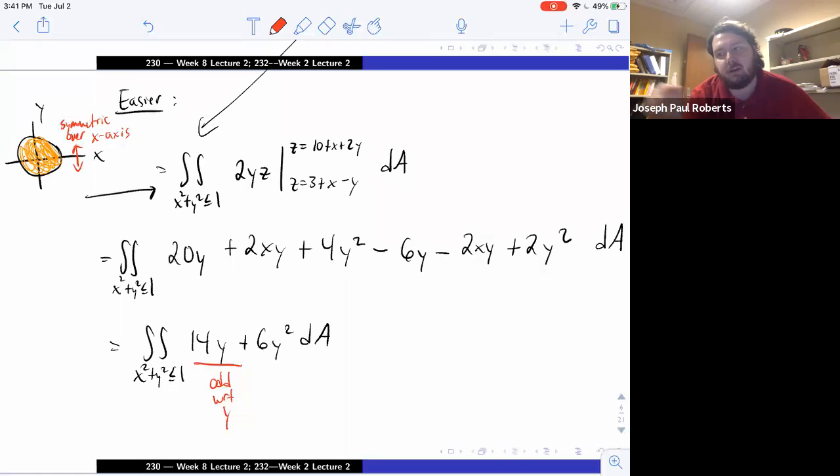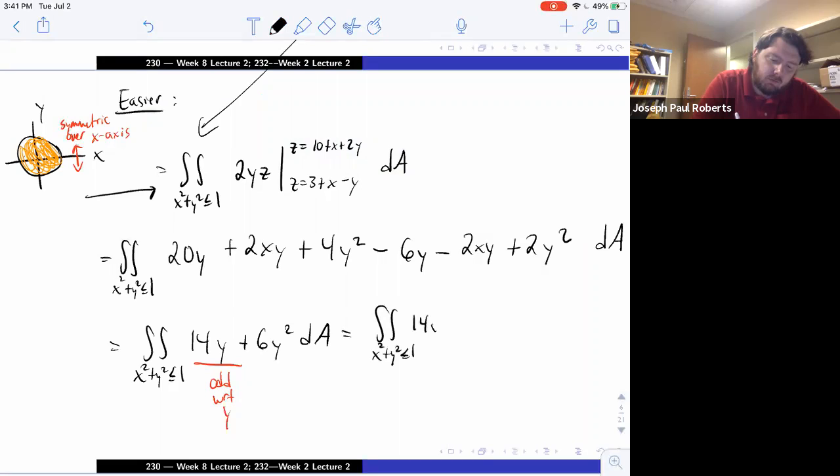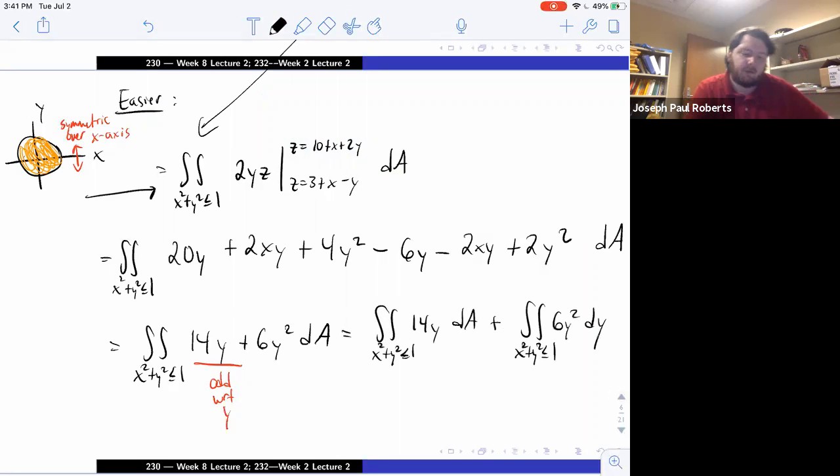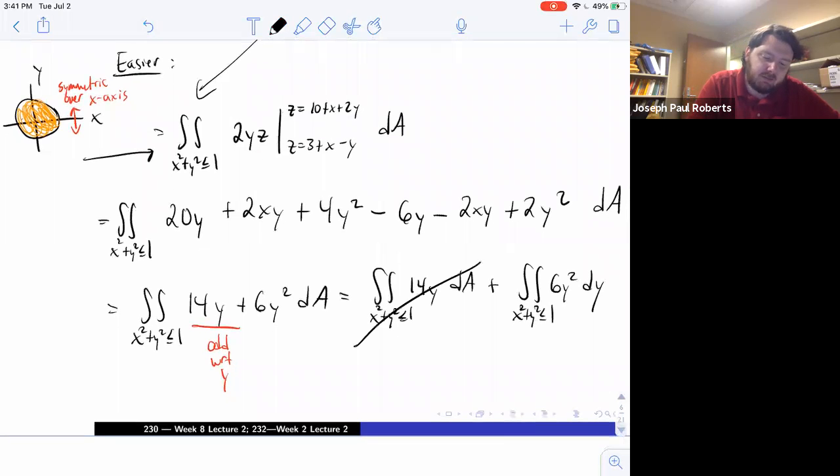So the entire integrand isn't odd with respect to y, but 14y is. So technically what I'm going to do is recall that I could split up the double integral into these two pieces, and then this integrates to 0 because 14y is odd with respect to y, which means that whatever this point is contributing is canceled out by this point, right? Because they have opposite y values.